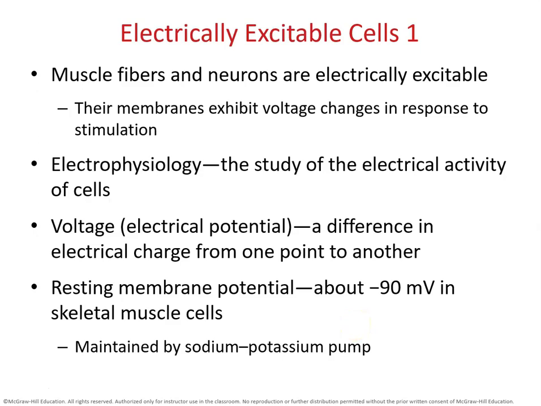muscle cells being activated. This resting membrane potential, this normal amount of charge between the inside and the outside of the cell, is maintained by something called sodium-potassium pumps. These are a type of active transport where we're transporting things against the concentration gradient using ATP to maintain the voltage distance of negative 90 millivolts.